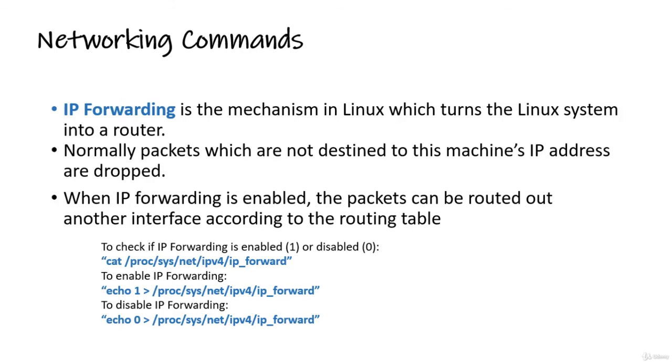IP forwarding is a Linux mechanism that turns a Linux machine into a router. Since Check Point is based on Linux, Red Hat 5, we need to understand that, because I had cases when that parameter was turned off by default and it caused a lot of problems. You try to understand where the problem is, but your system is not a router. It's not able to route traffic.